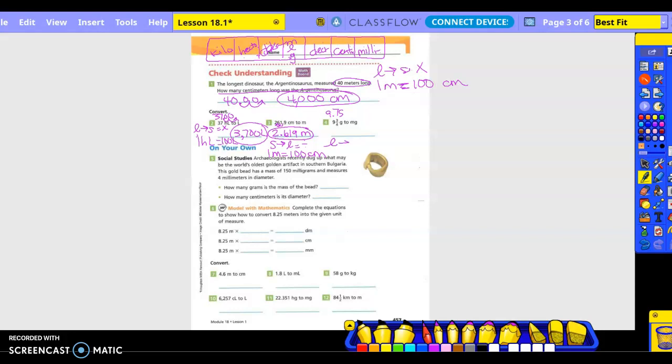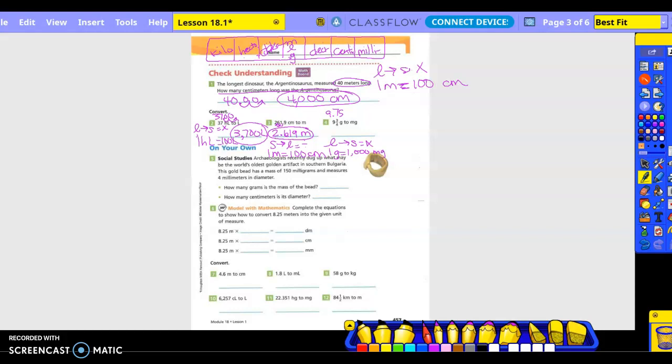So I need to multiply. So 1 gram equals how many milligrams? How far apart are those boxes? 3. So that means 1,000, right? So 1,000 milligrams.